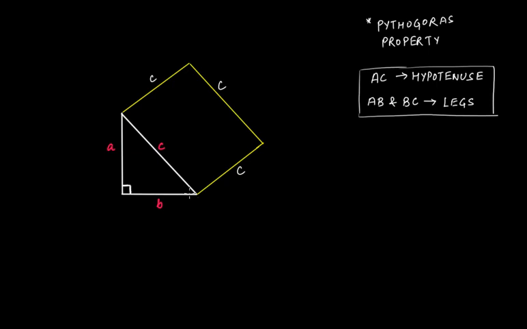Similarly, we'll draw here a square on this leg, on this side, having length B. So if I have to draw a square, each side will be of length B. Now I want to draw a square of length A, because this side is of length A. It's a really very rough diagram, so maybe it's not a very accurate square, but just assume that we have drawn a square.